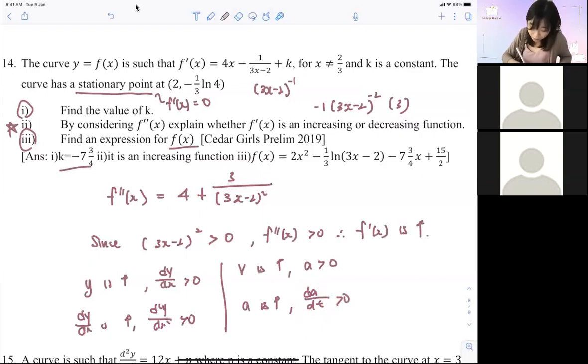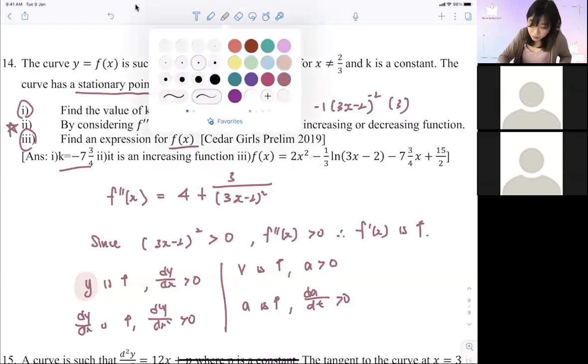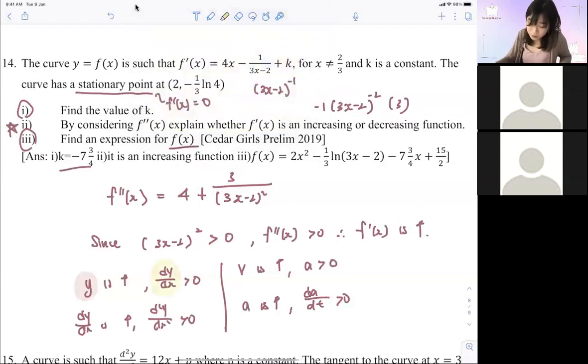Whatever you want to be increasing, the differentiate of it is more than 0. The same thing applies to decreasing: whatever you want to be decreasing, the differentiate of it is less than 0. Can you remember? I can turn the question into velocity and acceleration. You both must know.